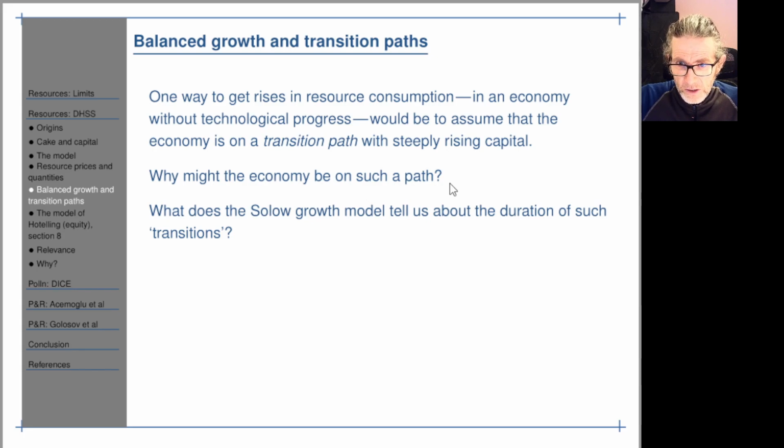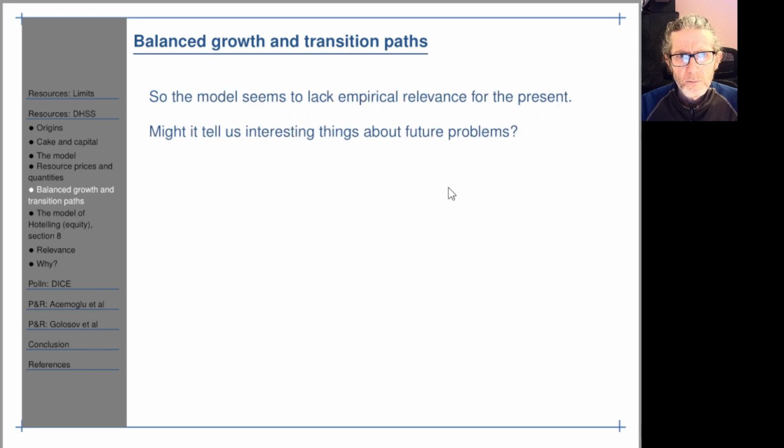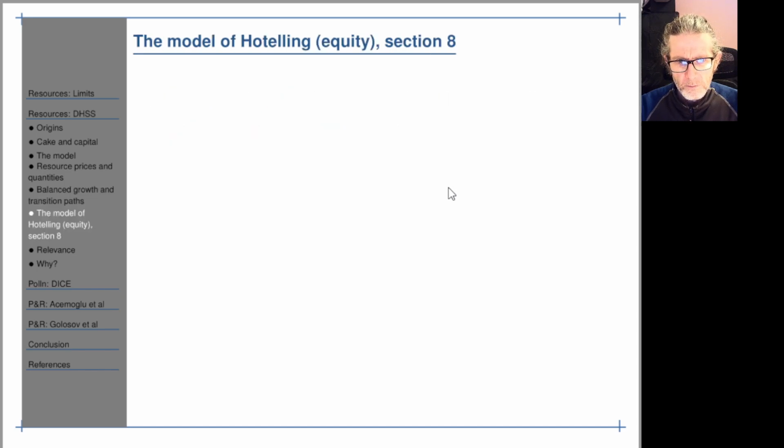So this transition path idea just doesn't stand up to scrutiny at all. So the model seems to lack empirical relevance for the present. Might it tell us interesting things about the future? That's what we're going to look at in the next video.